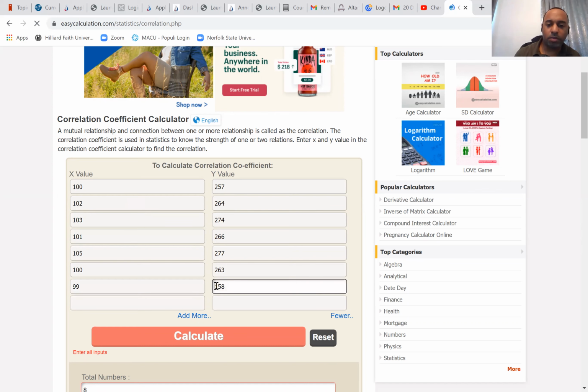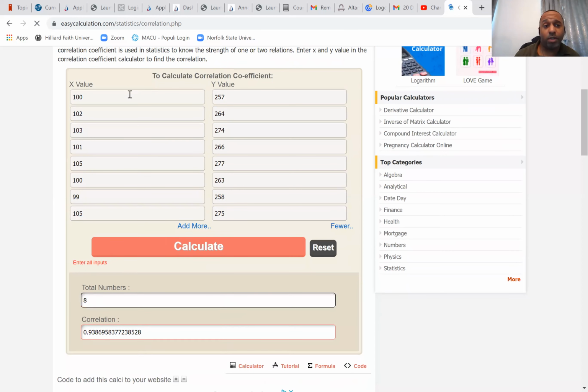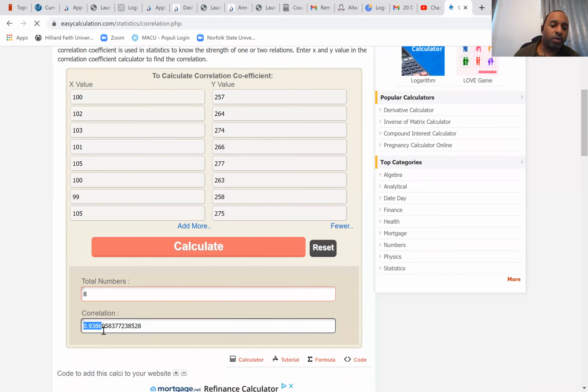Should be a 2. All right, so calculate. And so here's our correlation coefficient. We have 8 numbers in total. Remember, I told you these are just 8 observations, not 16. And then here's our correlation coefficient.